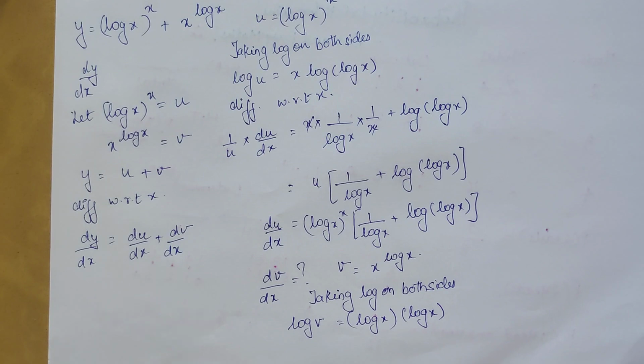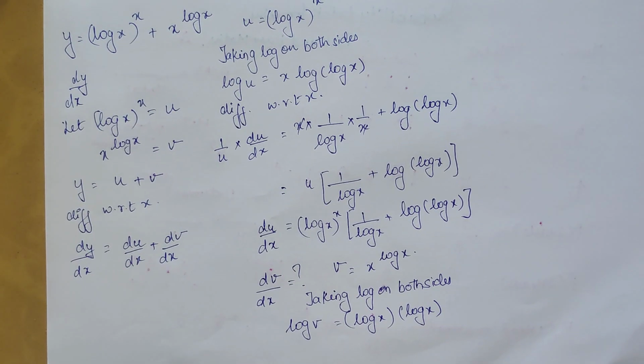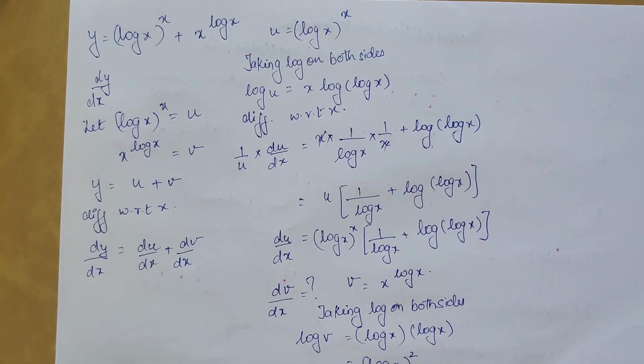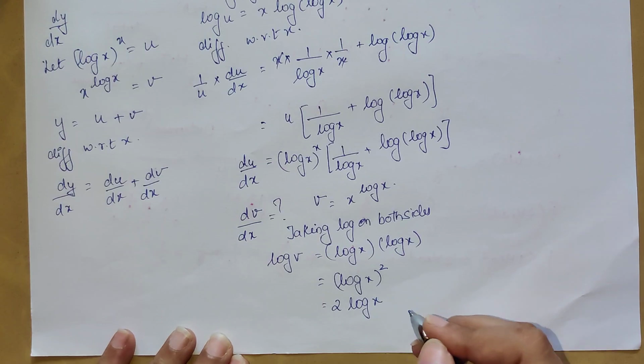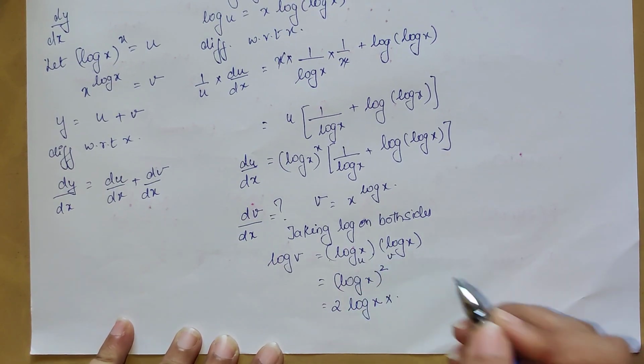Okay, so then what do we do is, I can write this as nothing but (log x) the whole square, which can be written as 2 log x, right? Do you think I'm right? No, you're wrong. Okay, we continue using this only and we do u into v.